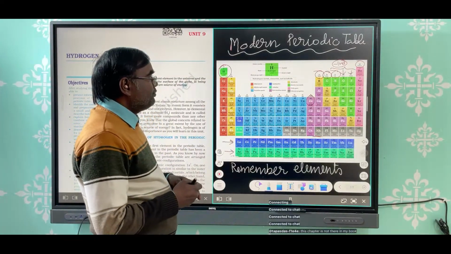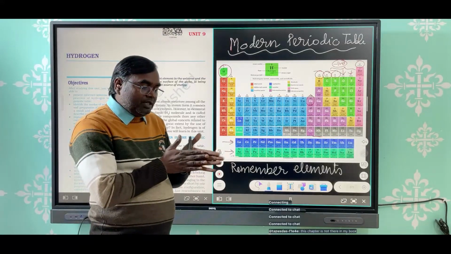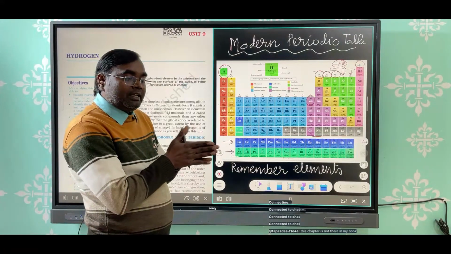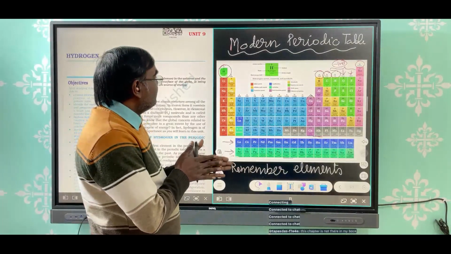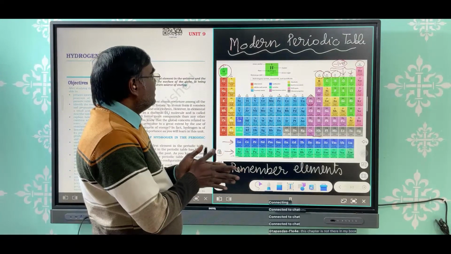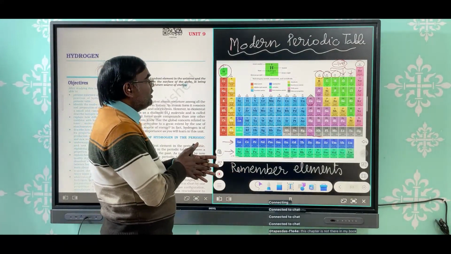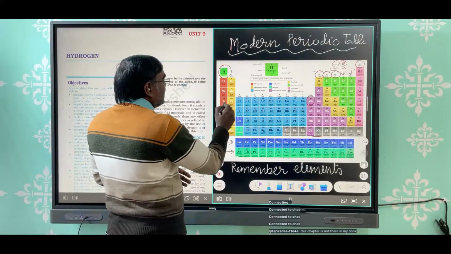And you must remember, because if you remember the element names group wise, you can identify them by their physical and chemical properties very easily. That's why it is very helpful to memorize these element names group wise. And this way also you can remember.